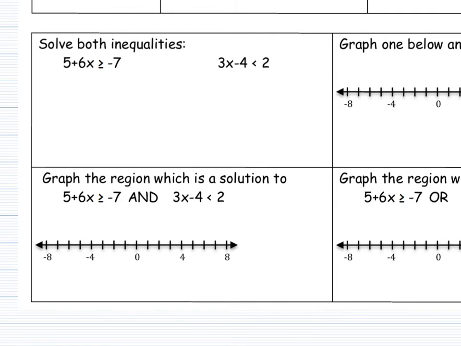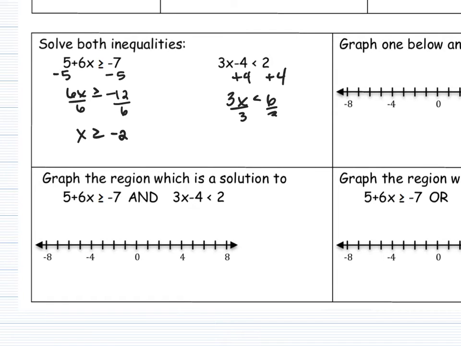If I solve these inequalities separately, -5, I got 6x is greater than or equal to -12, divided by 6, I get x is greater than or equal to -2. Over here, got +4, 3x is less than 6, divided by 3, x is less than 2.